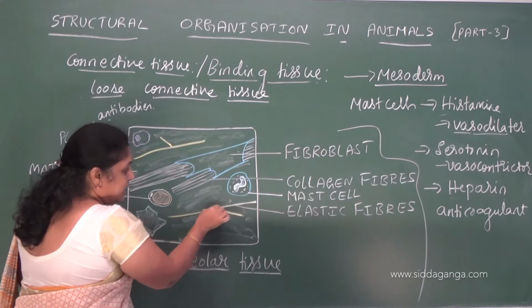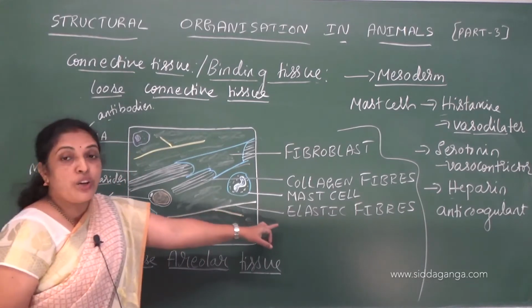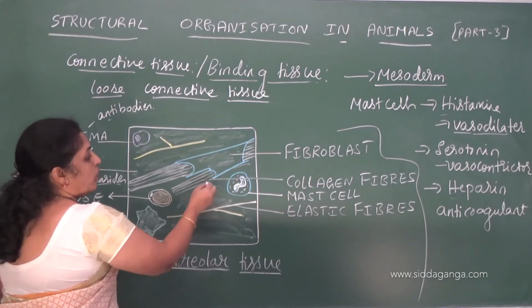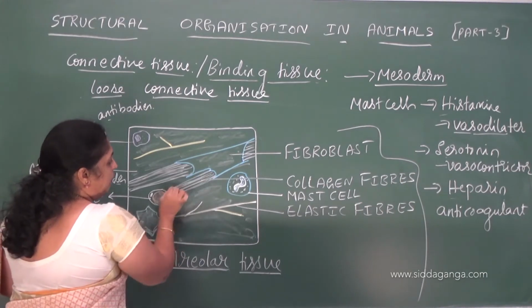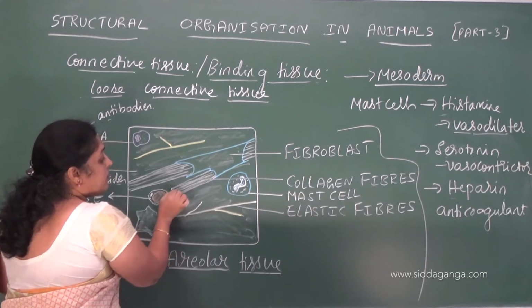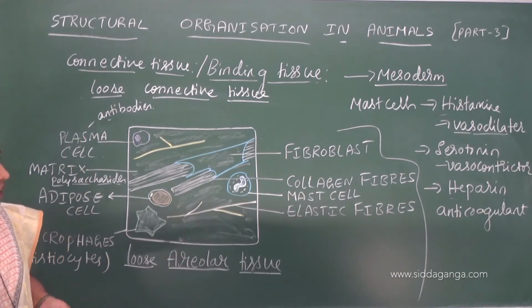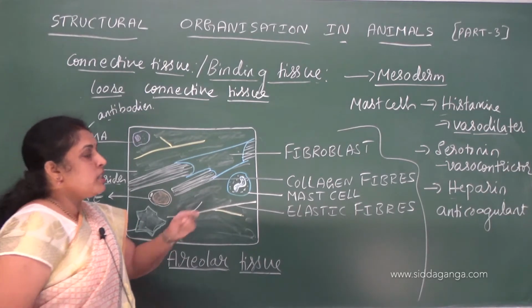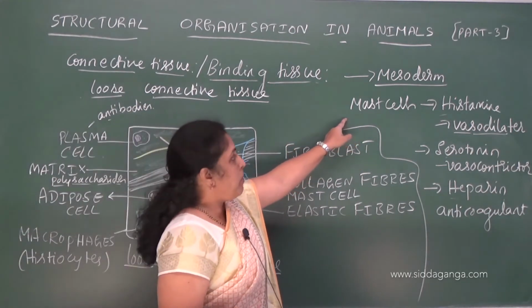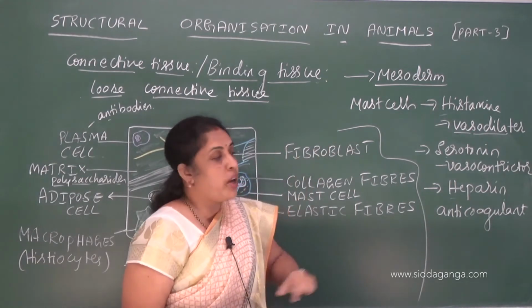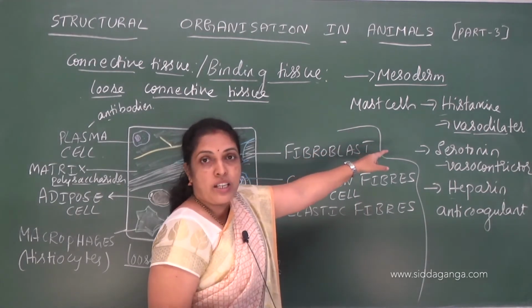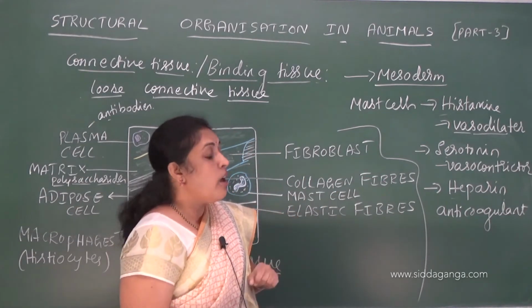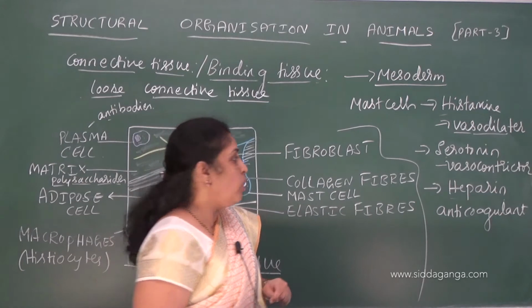Elastic fibers are single and branched, whereas collagen fibers are unbranched and present in bundles. We'll discuss the difference between collagen fibers and elastic fibers. In your competitive exams, they may ask: mast cells secrete 3 types of chemicals. Histamine acts as a vasodilator, serotonin acts as a vasoconstrictor, heparin acts as an anticoagulant.